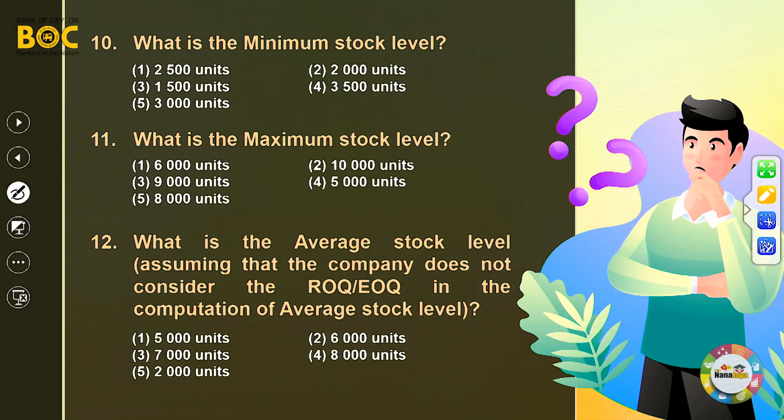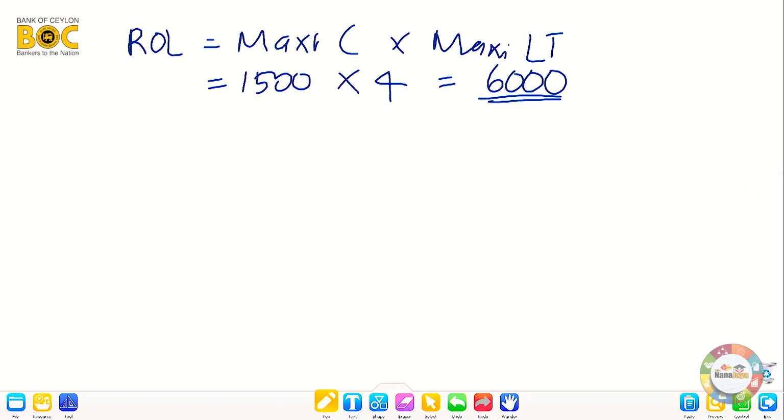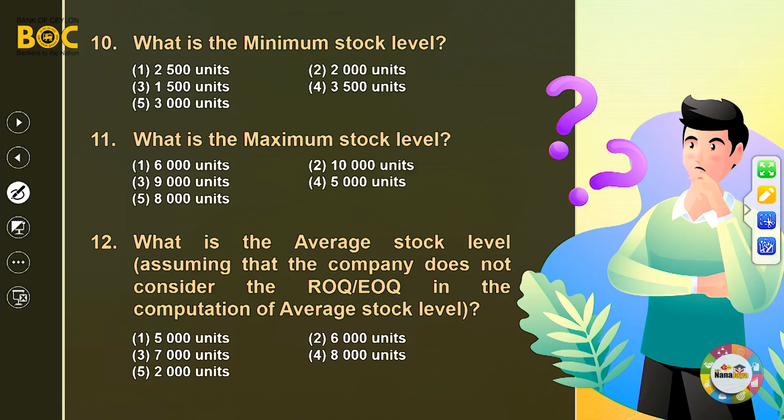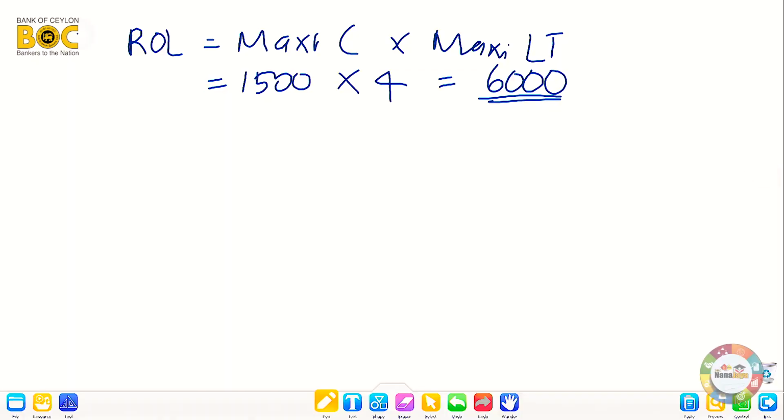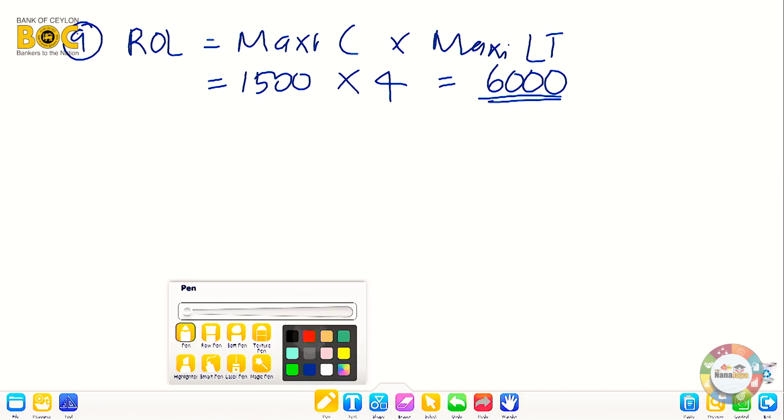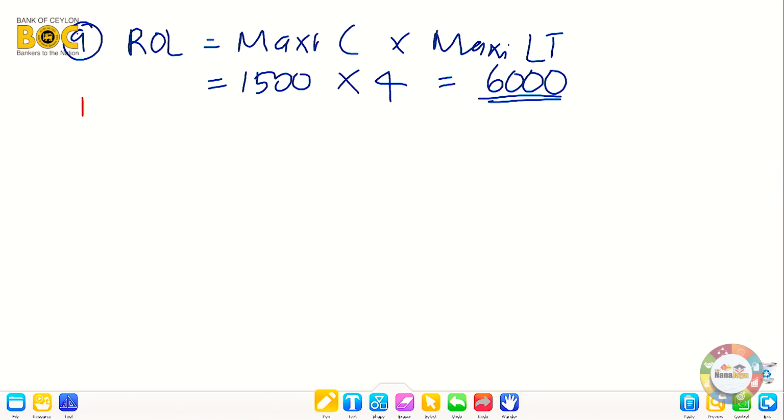So what is the minimum stock level? That's question number 10. Minimum stock level.